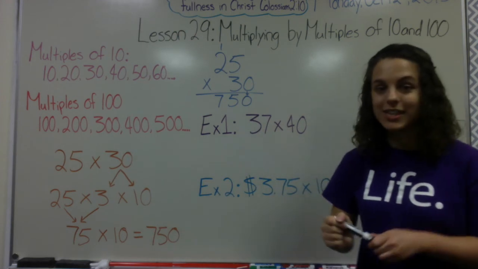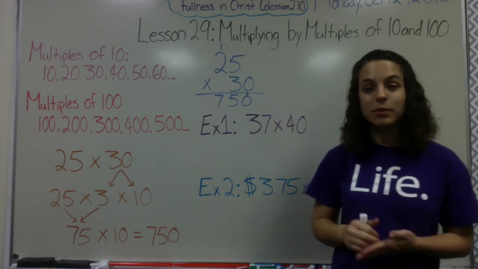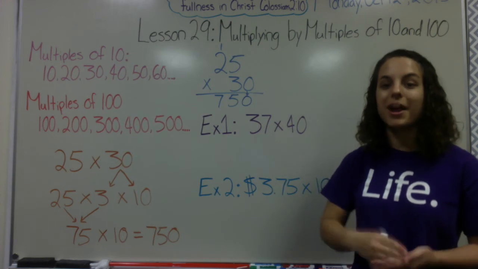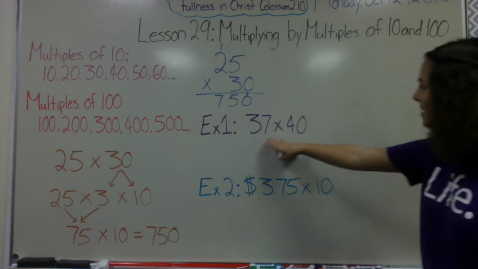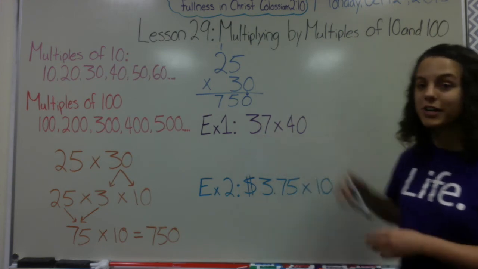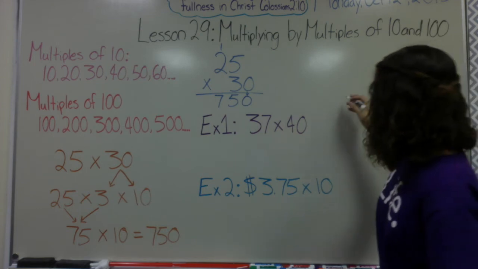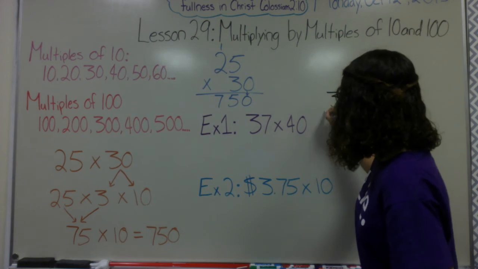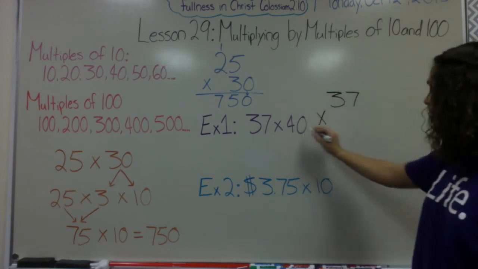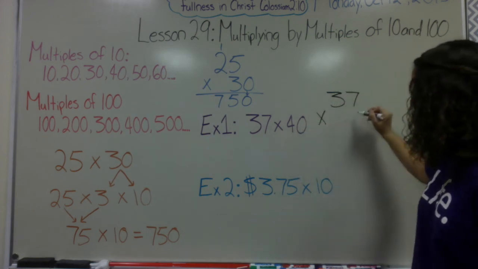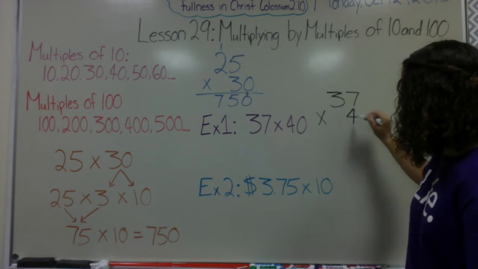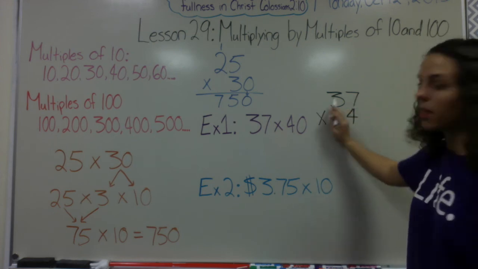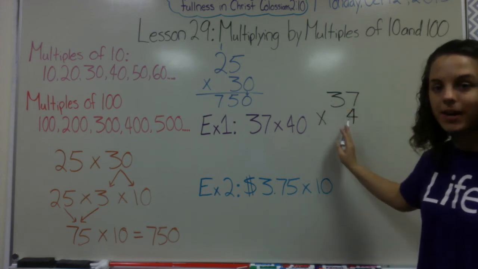So we're going to look at example 1. I will do it with you, and then example 2, I'll have you try by yourself, and then we'll go over it. Example 1, I have 37 times 40. Setting it up with 37, I'm going to drop the 0 in 40 off to the side. That means I'm going to put my 4 in the ones place, because we know how to multiply times a one-digit number.